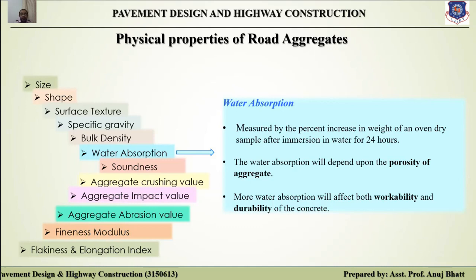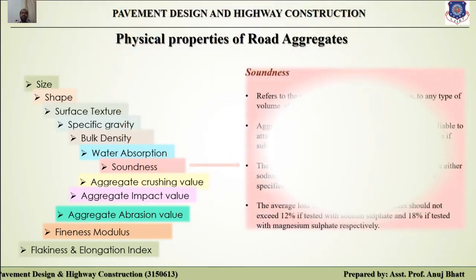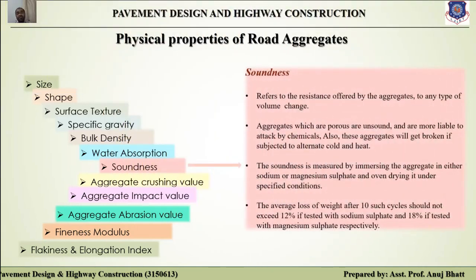The next property, that is soundness. Soundness refers to the resistance offered by the aggregates to any type of volume change. We can say the volume change that may be in temperature, that may be in alternate wetting and drying in potable water.